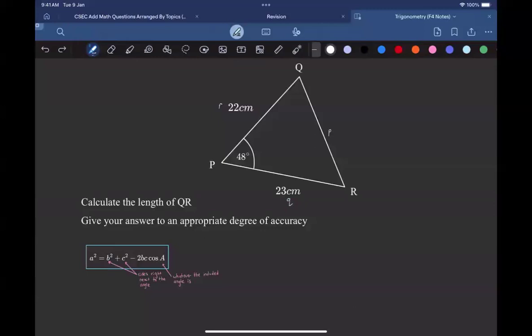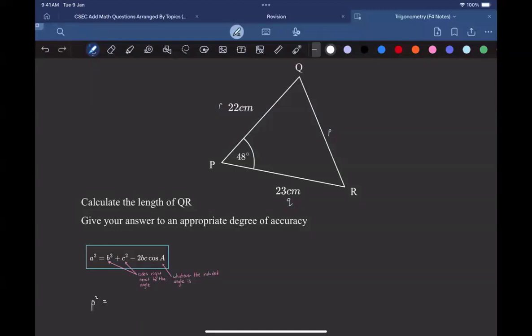So look at what's going to happen. I'm going to write my formula as P squared. See if we can figure out the rest. P squared is equal to what? In the formula, B and C are the sides next to the angle.